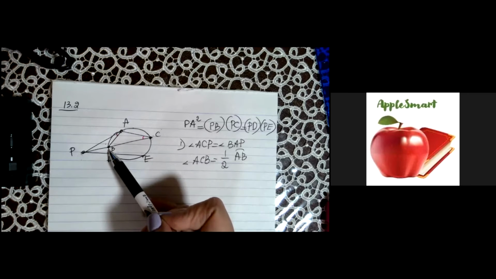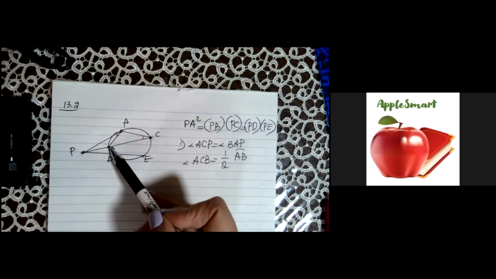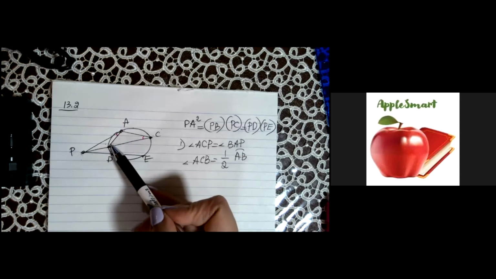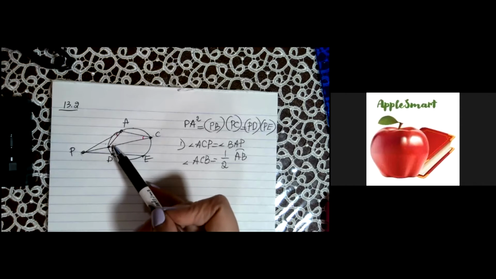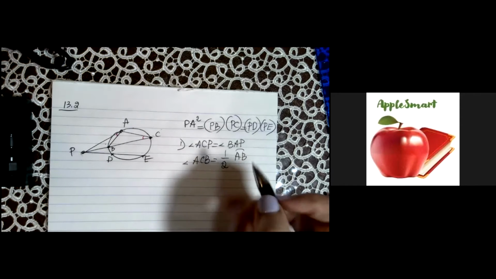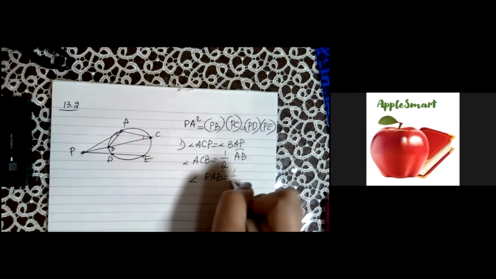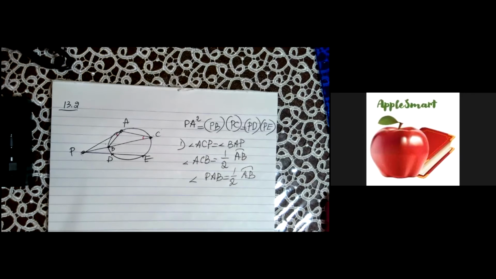So the angle formed between a tangent and a chord will also be equal to half of the arc which is cut by that chord, and the arc is AB. So that means that angle PAB will be equal to half of exactly the same arc AB. Okay, do I understand that part?